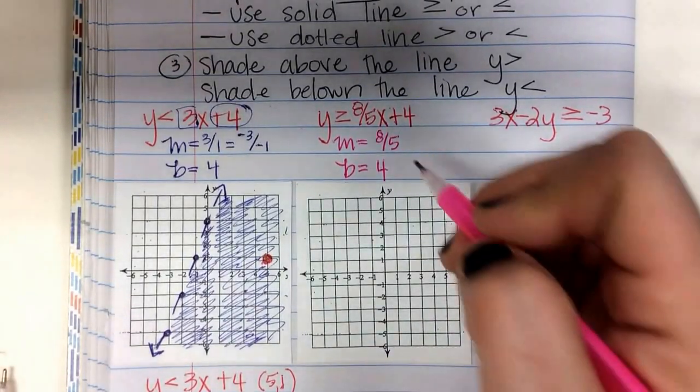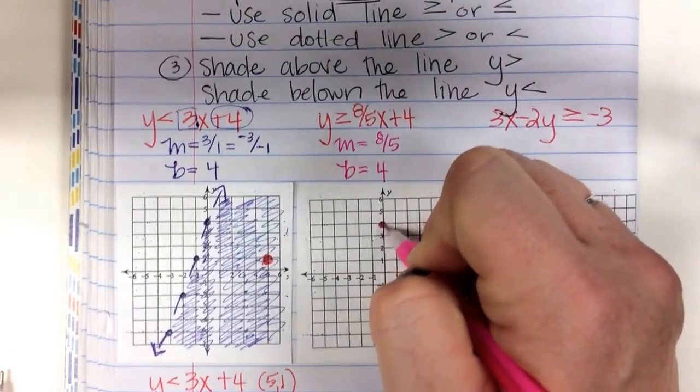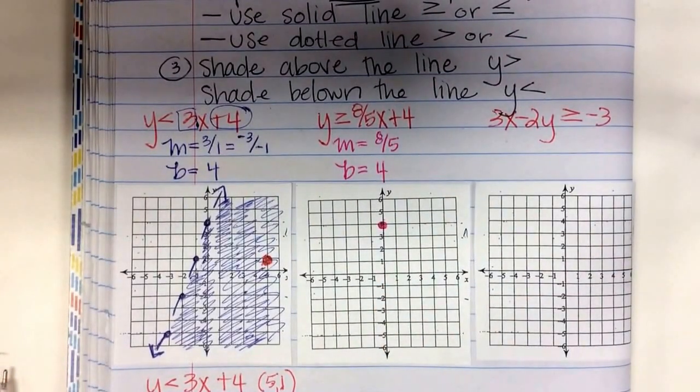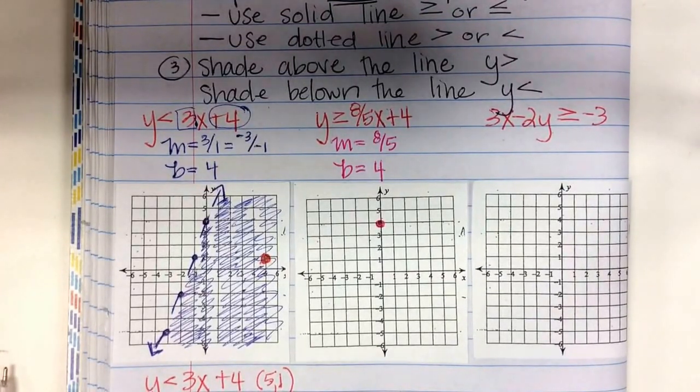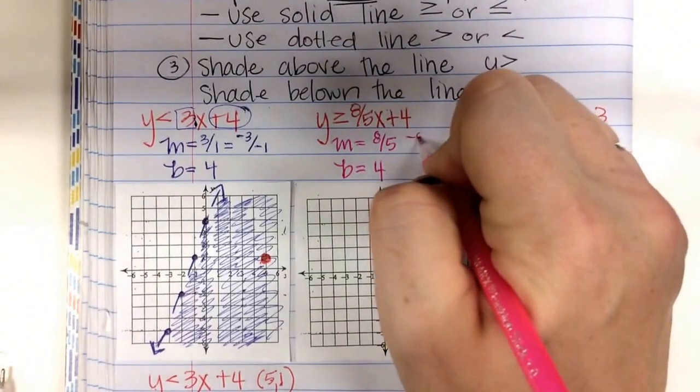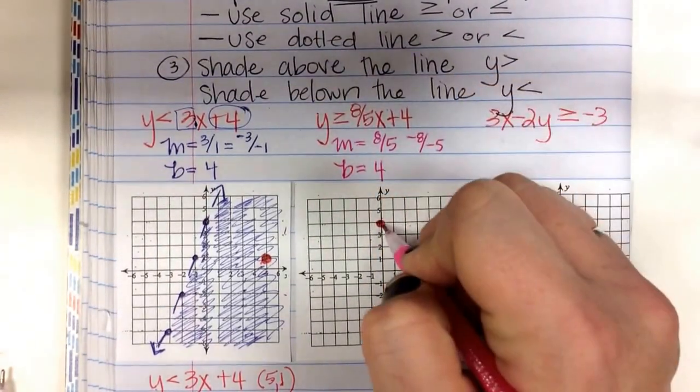All right, so this starts at 4, and I have the same problem I had last time. What's wrong? I can't go up 8 and over 5, so what do? Down 8 and backward 5. I do the opposite.